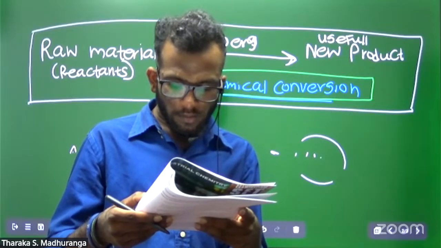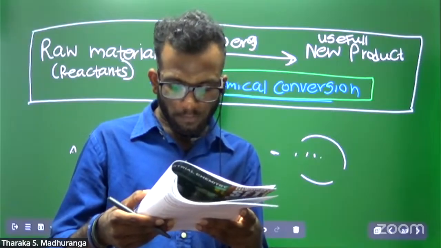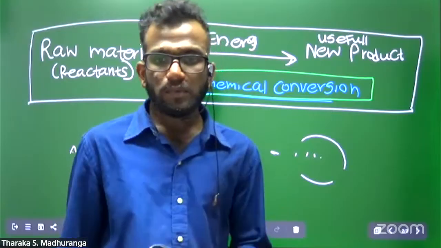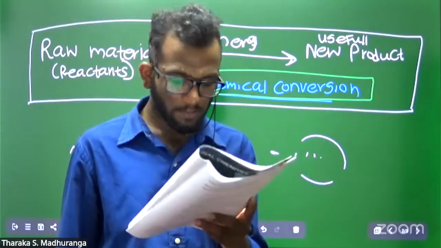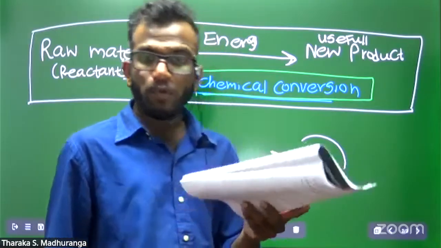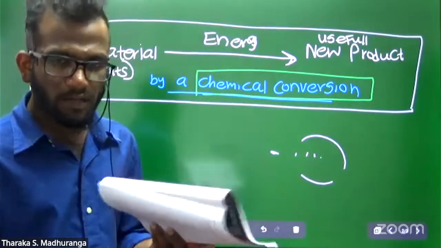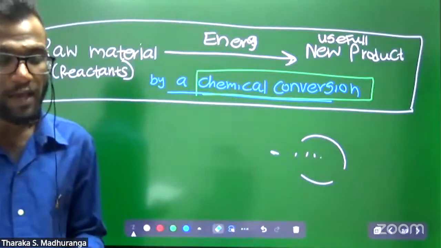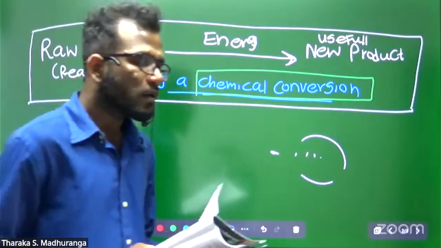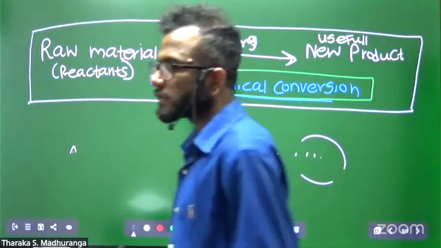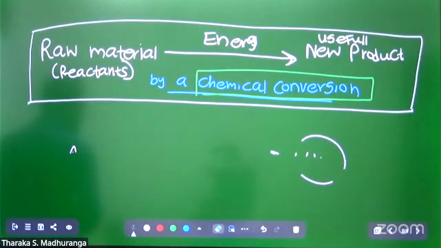The petroleum industry produces fuel, and the petroleum industry mainly means the energy production industry. Butane and propane, that means the gas our homes use, is produced by a chemical conversion. That's a mixture of butane and propane.